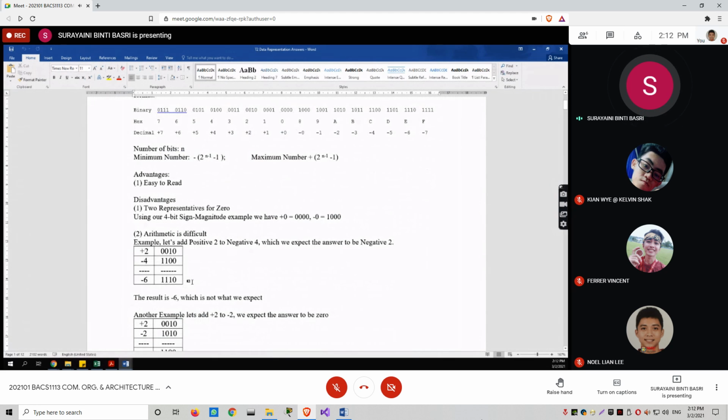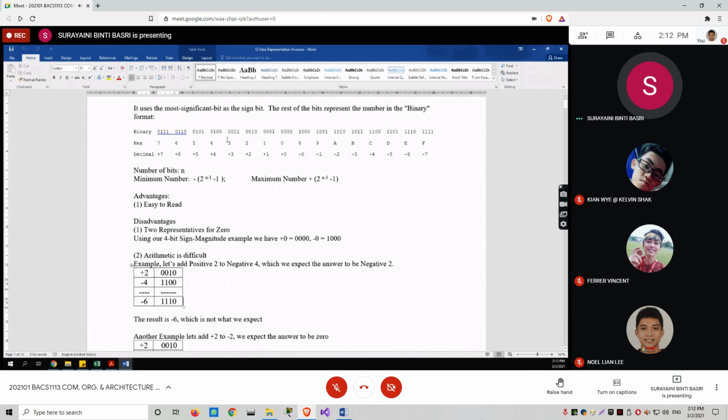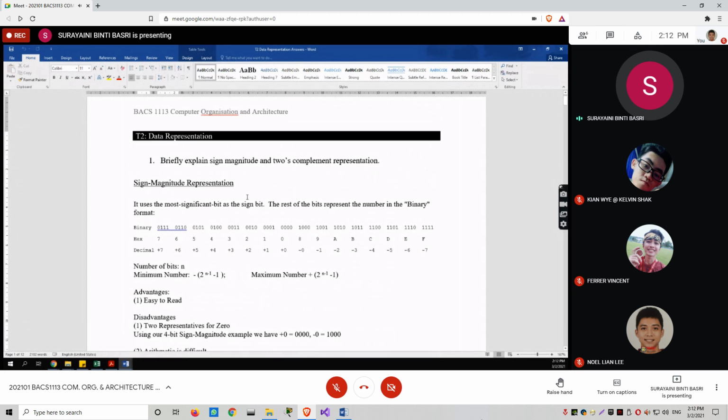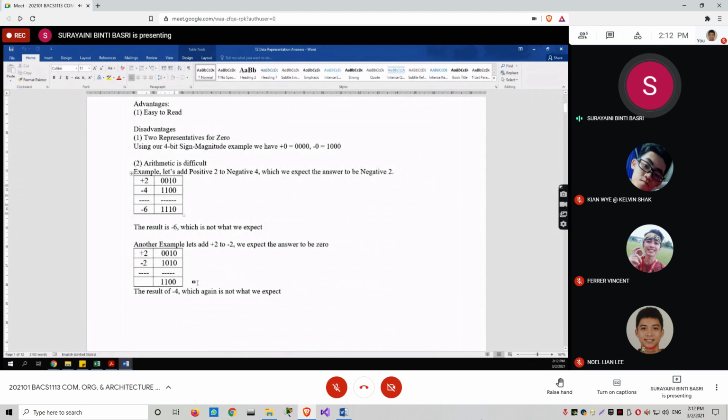And then when you do the calculations using this sign magnitude representation, you can also get the wrong answer, as we watched in the video last time. For this example, positive 2 plus negative 4, the answer will be negative 6, which is wrong, because the correct answer should be negative 2.